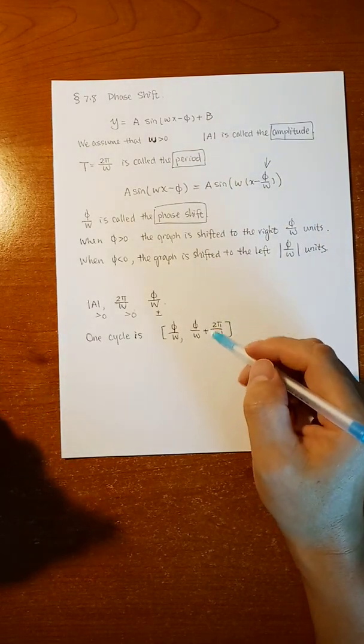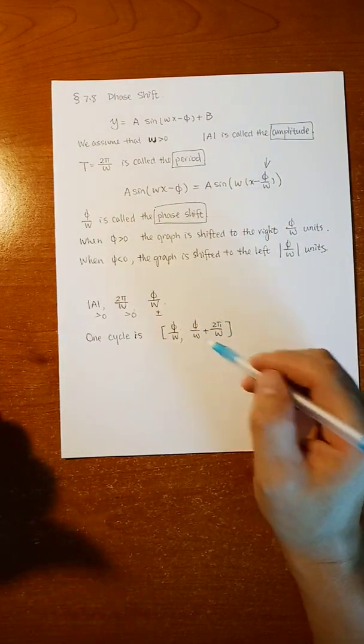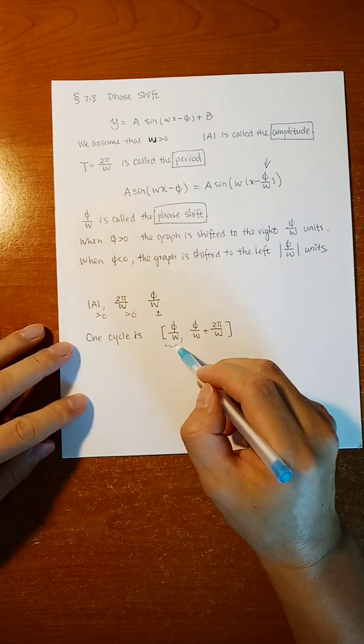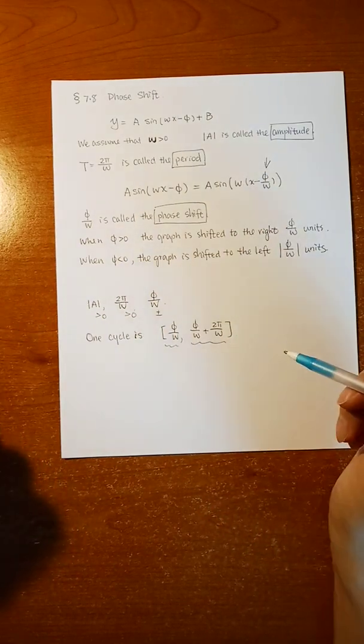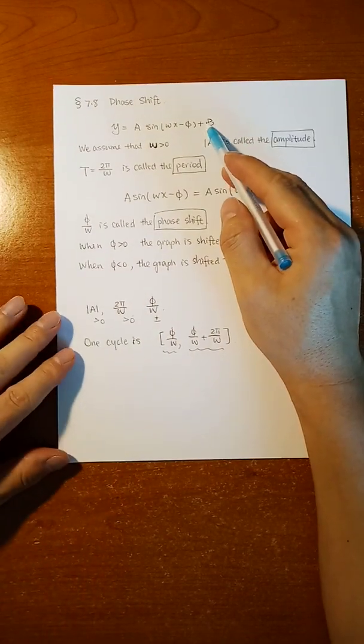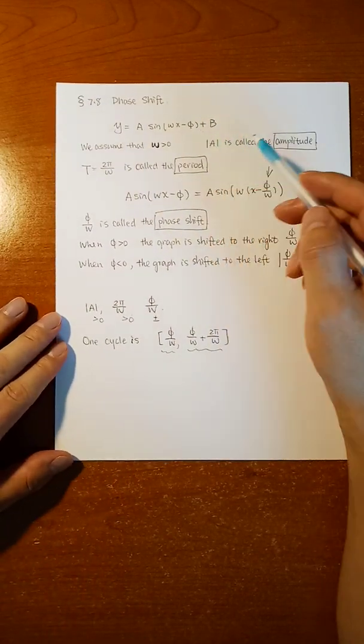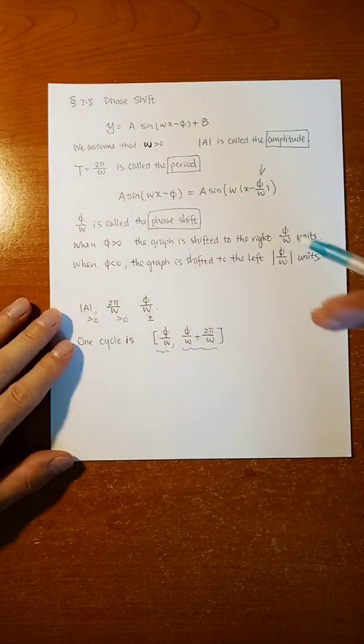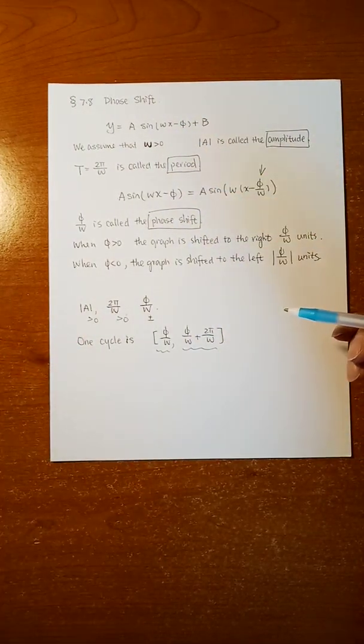Keep this in mind; we will see later how we get those numbers. And b has no name; it is just the vertical shift.